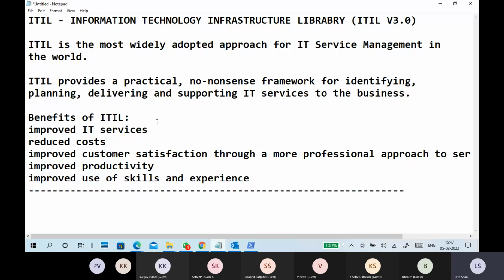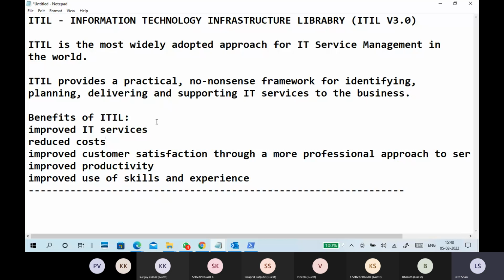For example, now we are getting Urban Company, which has become popular. Why? Because customers are giving good feedback. If you have an issue with your product or service, you call and the problem is solved immediately. That is customer satisfaction.